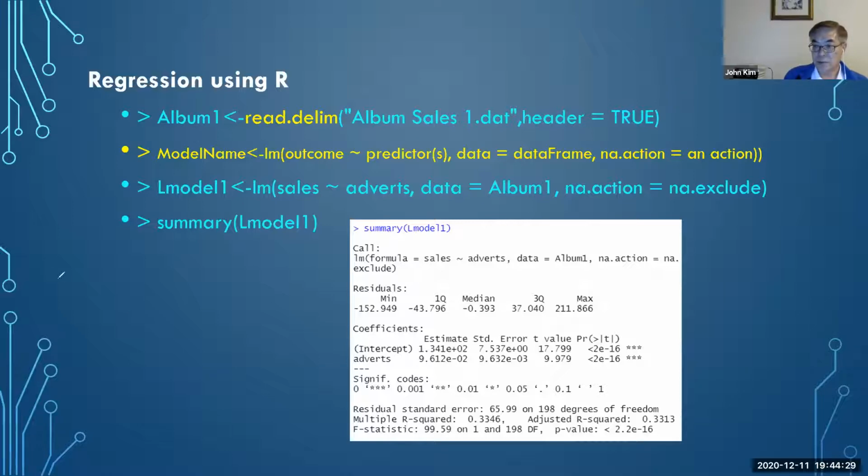Okay, y equals the intercept, this one is 134.1, plus 0.09612 x. So from this output, we can develop an equation like this.